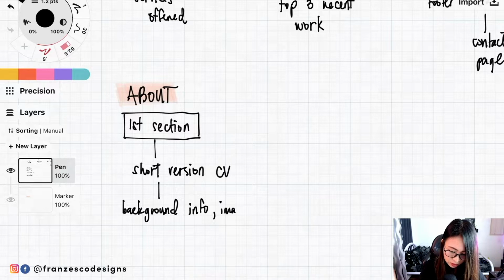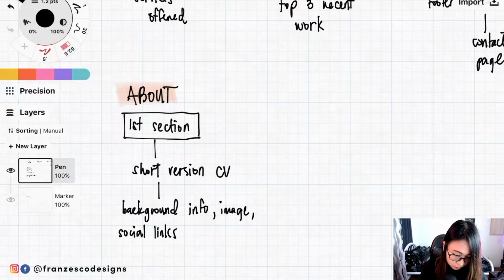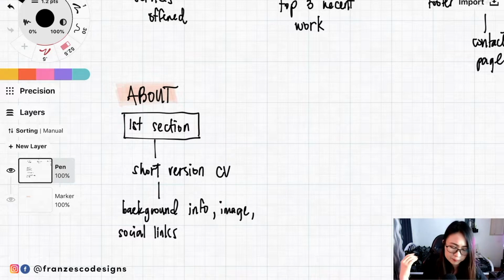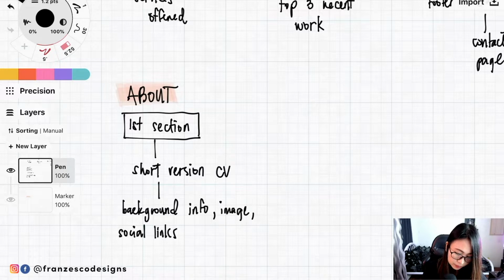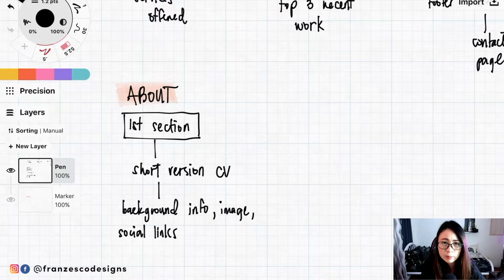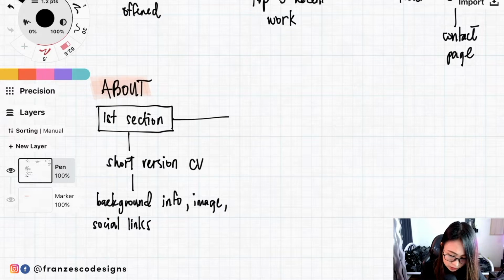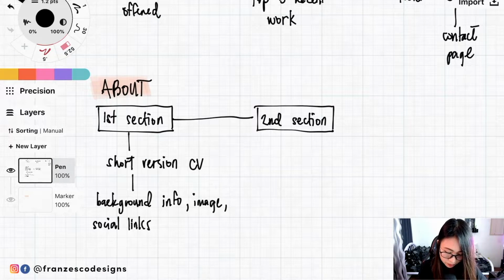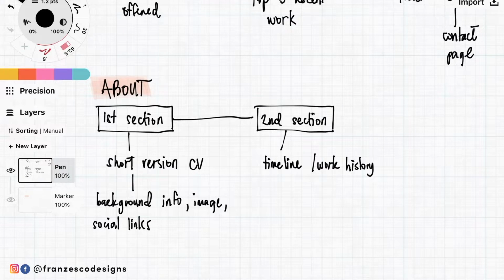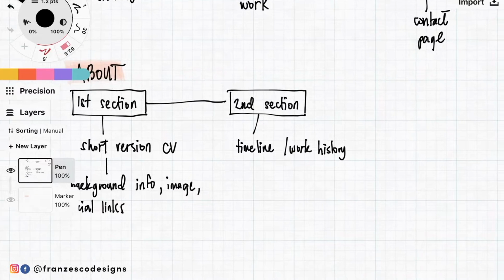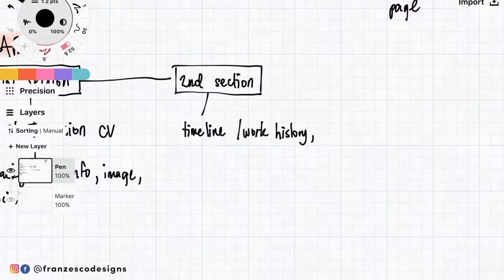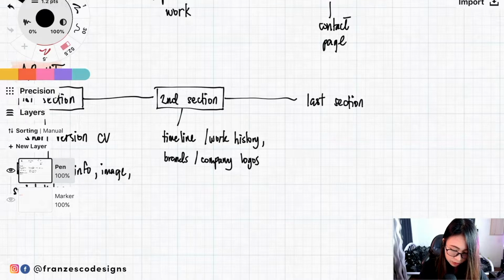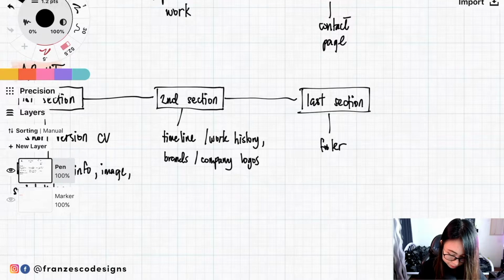So, nandun yung background info, the image, your social media, Facebook, Instagram, Facebook page, if may Behance ka, may Dribbble, may Pinterest. Let's also include the timeline of your work history if available, and the brands or companies you worked with. Then, of course, the footer part with the call to action button.